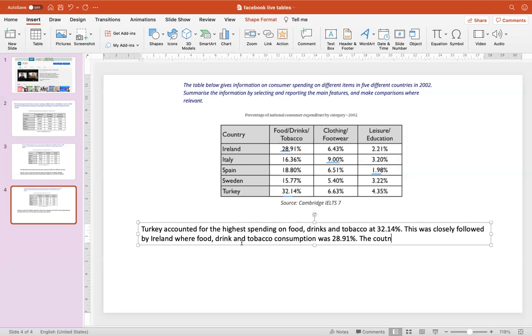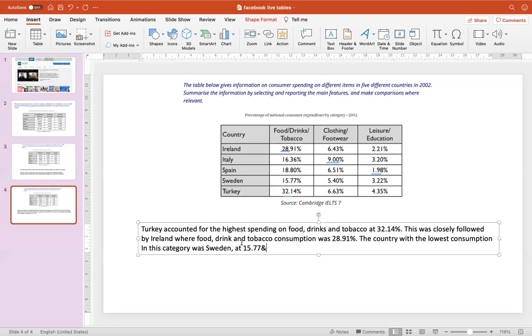Let's go with the lowest in this category now. With the lowest consumption in this category was Sweden at 15.77%.